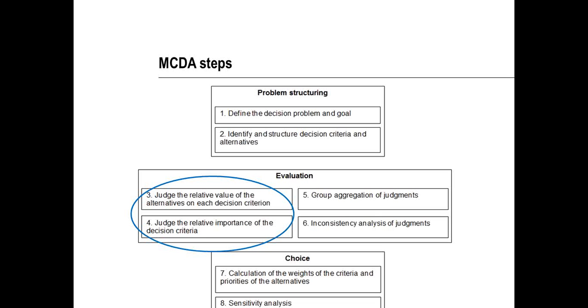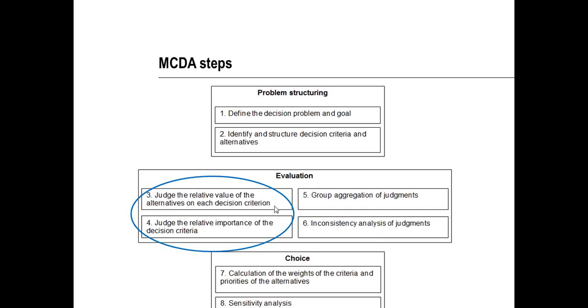And then we arrive at the next step, the judgment on how well these different alternatives fulfill the decision criteria that they have formulated, but also their judgment on how important these different decision criteria are.